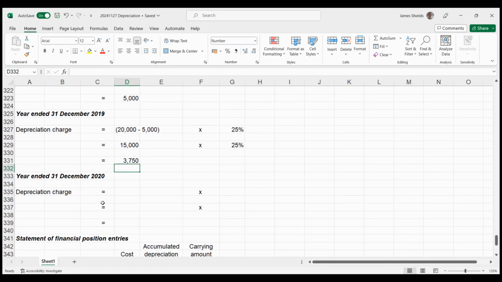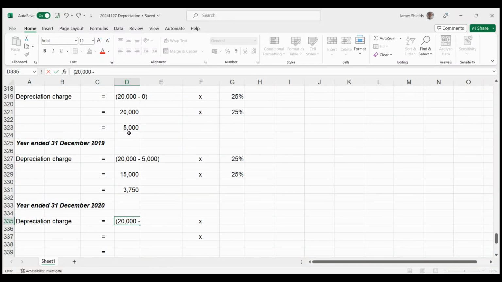Now the next year, the year ended the 31st of December 2020, it's going to be our cost, which was your £20,000, take away cumulative depreciation, so that's your £5,000 from the year ended 31st December 2018, plus the £3,750 from the year ended 31st December 2019. So it's going to be £8,750. That's then going to be times by our 25%.